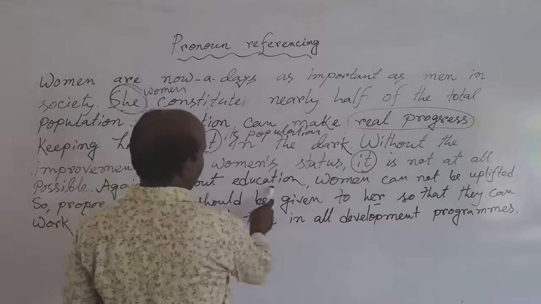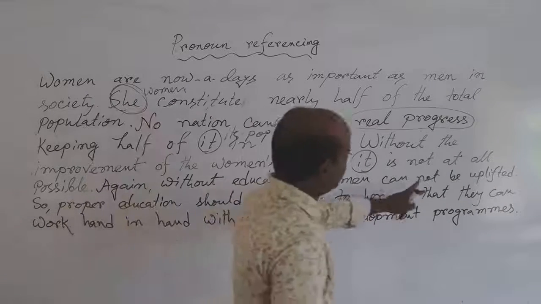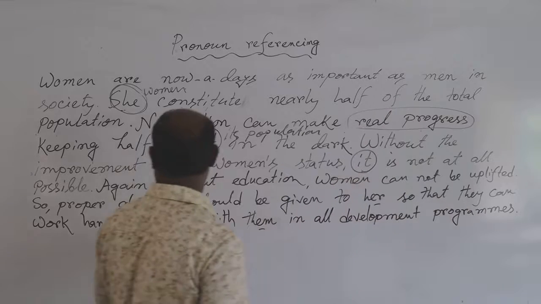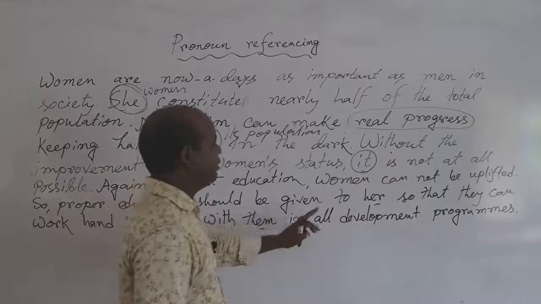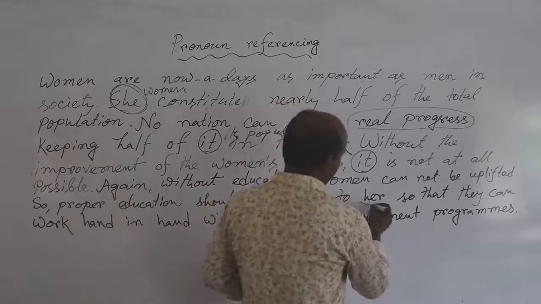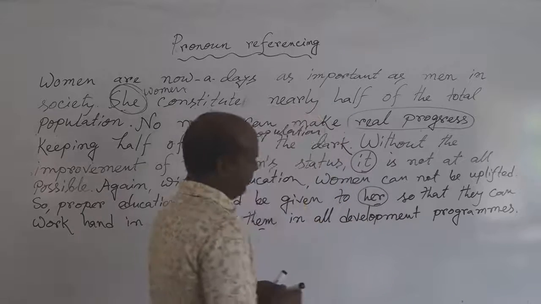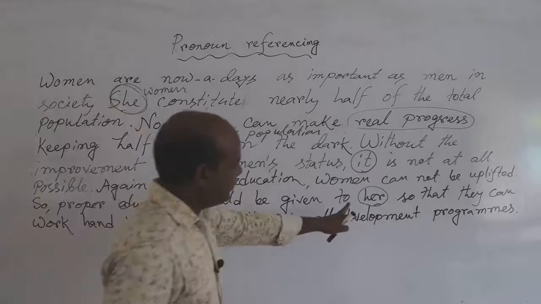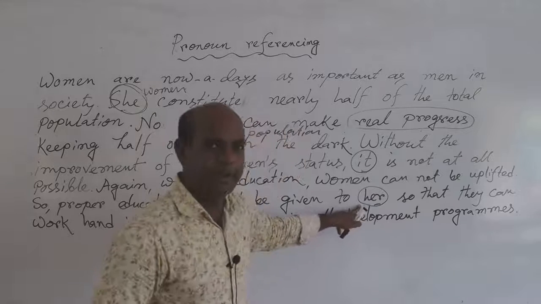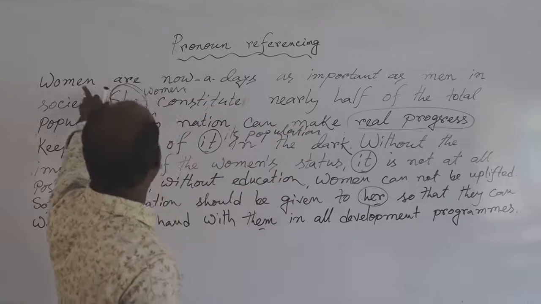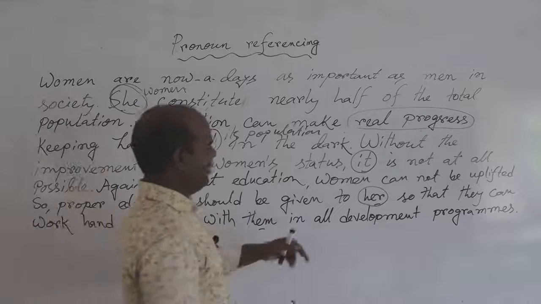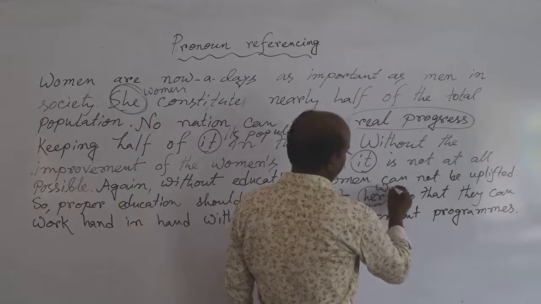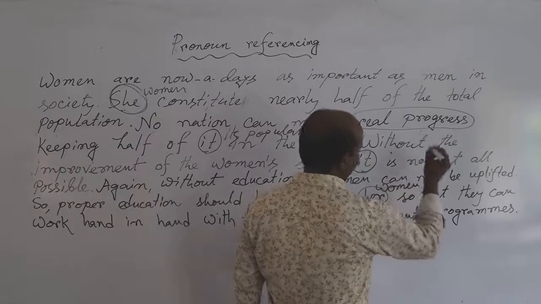Again, without education, women cannot be uplifted. So proper education should be given to her. Here her is singular. Her is used for a singular girl, but we find women here. So proper education should be given to women is correct.